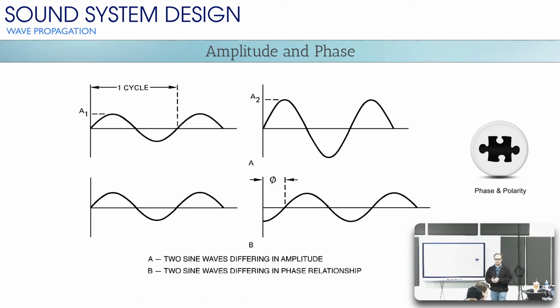One is called amplitude. We touched a little bit on amplitude on Monday, but we're going to talk quite a bit more about it today. So amplitude is, if you look at the graph, the difference between this top left wave and the top right wave. You see how that compression peak is higher and the refraction peak is lower.